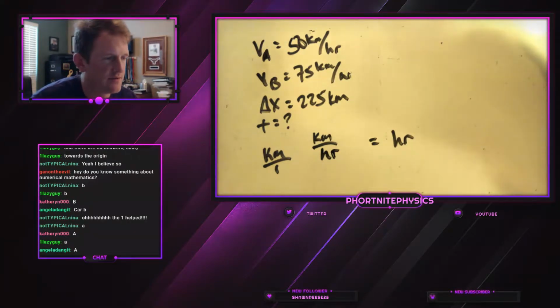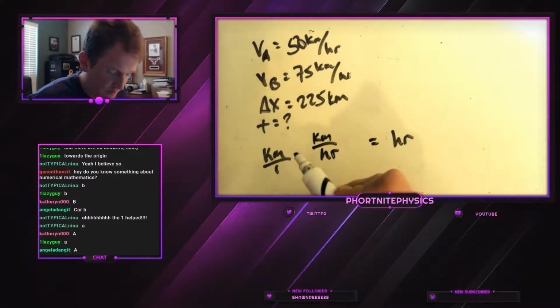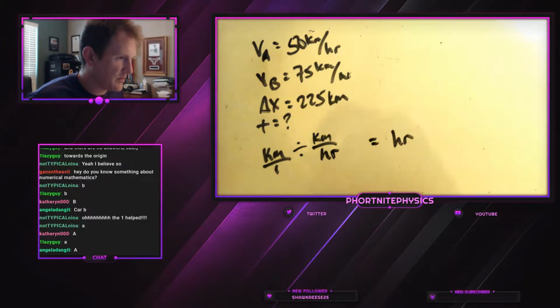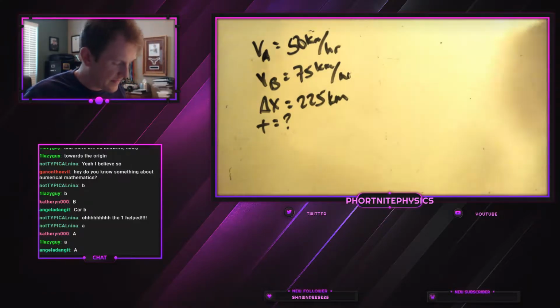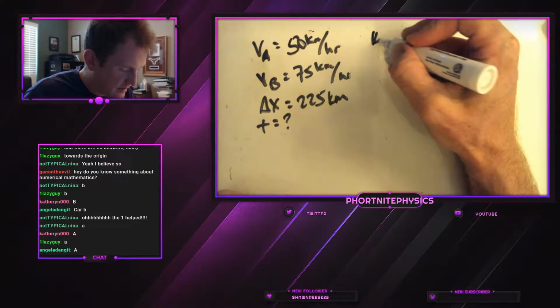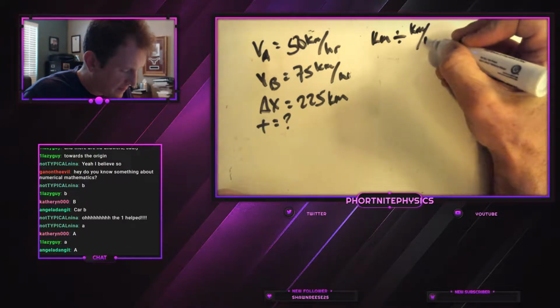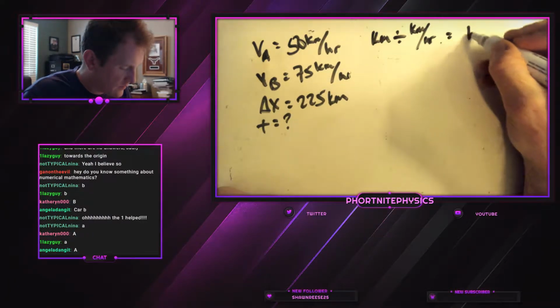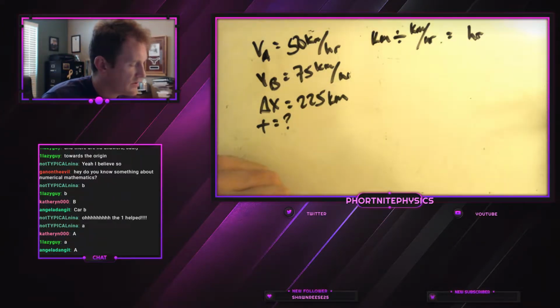Multiplication is easier. But the operator we need to put in there is the divide. Let me put it up here so I can work a little more freely. Equals hours.